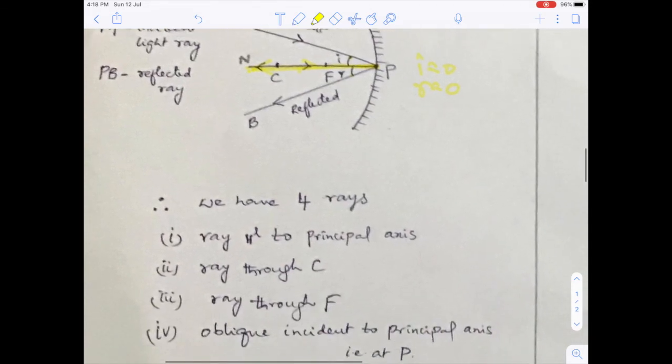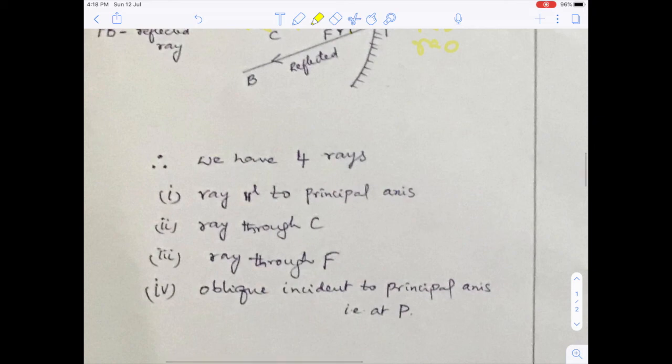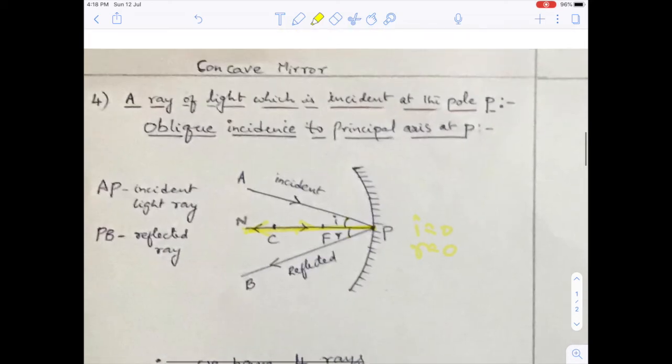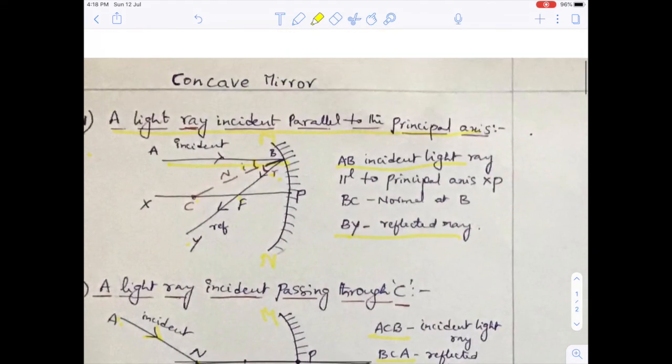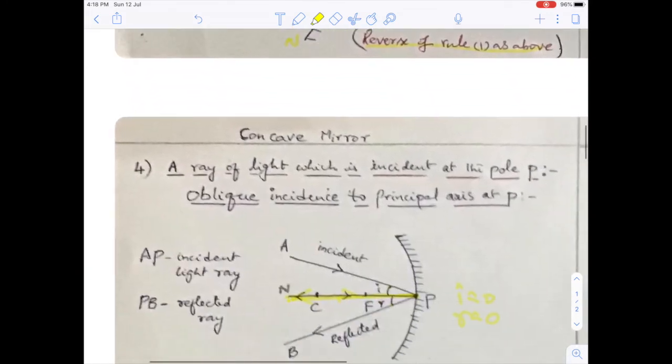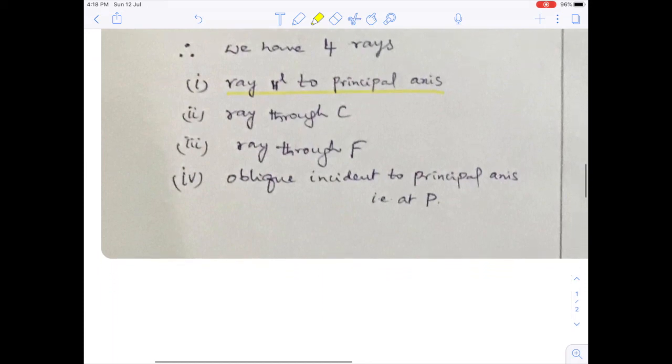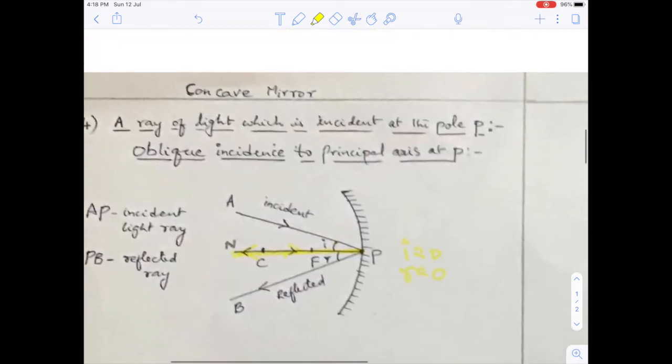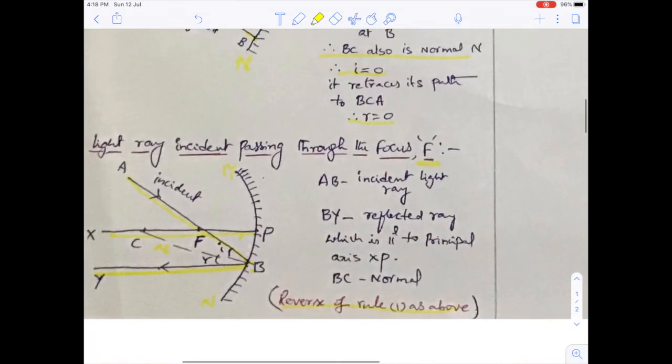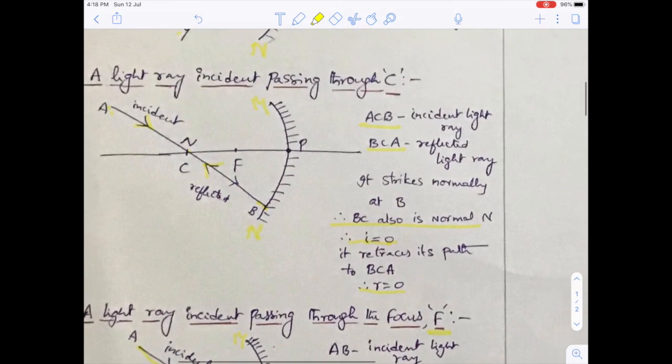So what we have discussed so far are 4 different rays. One is parallel to the principal axis. This is rule number 1. The reflected ray will pass through the focus. Then the ray through C, the second one, retraces its path.